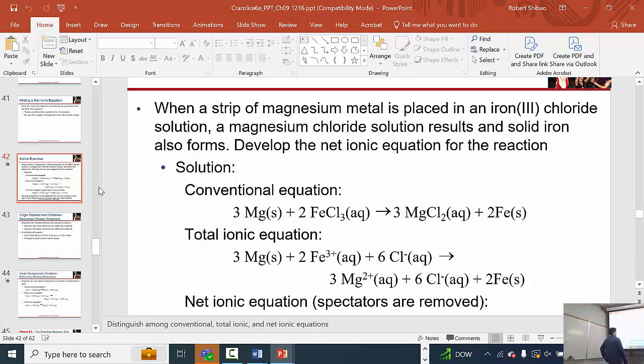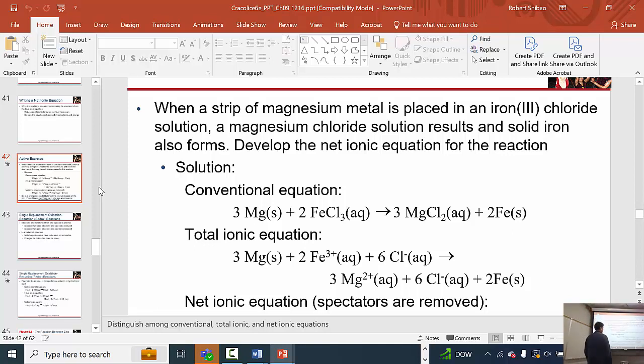I could use different ones. This is what we call the reducer. This is the oxidizer. So there are different things I can use to oxidize the metal. Oxidizing the metal just means we're removing electrons off magnesium. So magnesium is going from 0 here to +2 over here. And so in this case it's an A plus BX pattern. A plus BX yields, yeah, this is just single replacement.